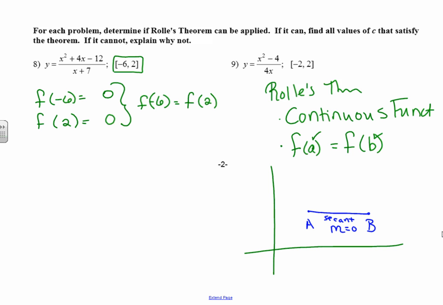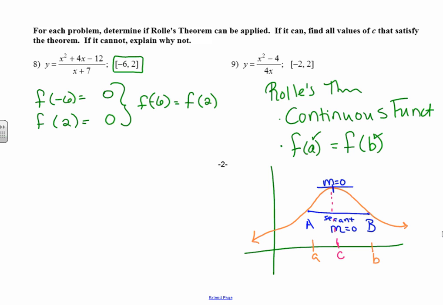What Rolle's theorem assures you is that if there's a continuous function passing through A and also through B, somewhere in between little a and little b, there has to be a point where the slope, or the first derivative, is equal to the slope between A and B, which was 0. That would be some value C where x is equal to C. That's what they want us to find.